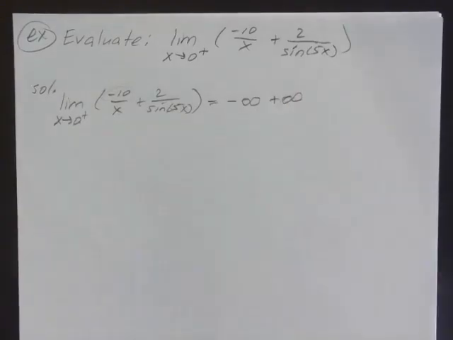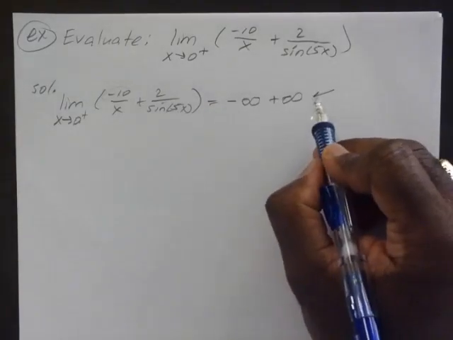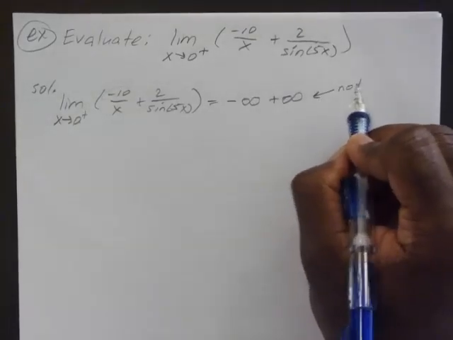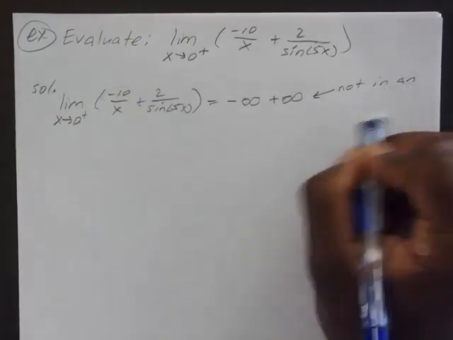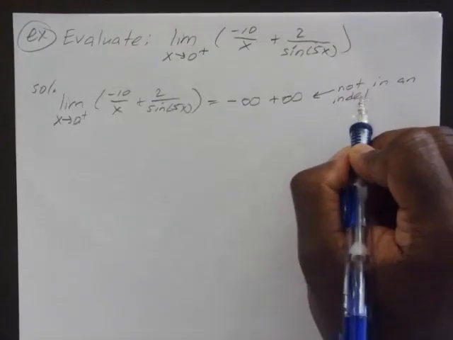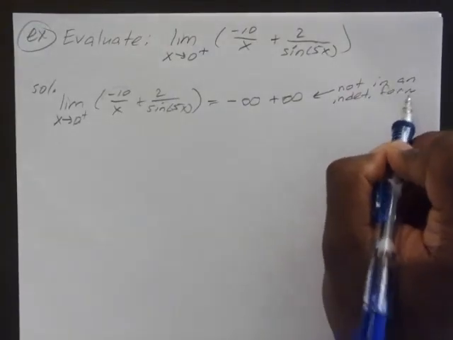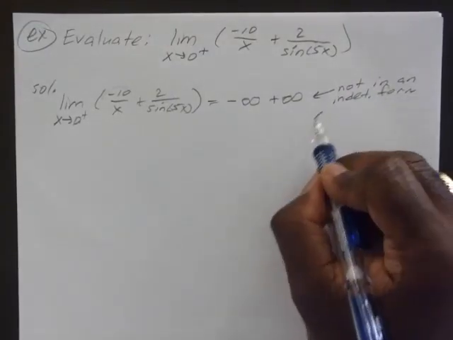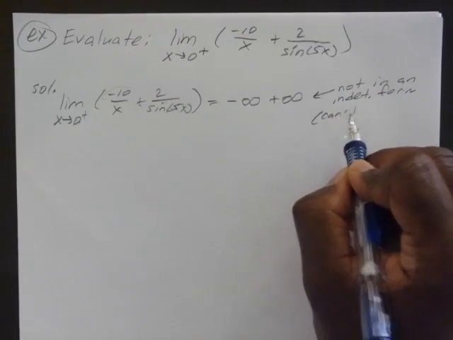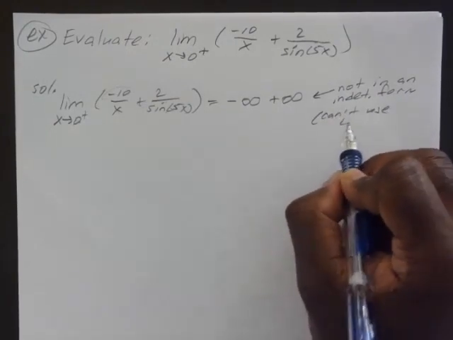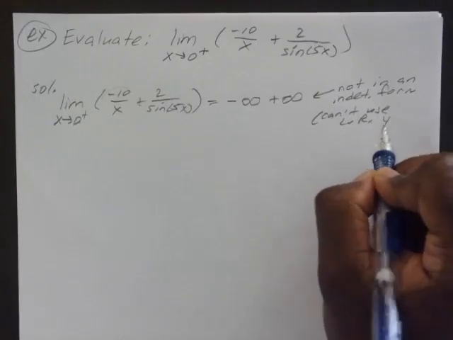So it's negative infinity plus infinity, or you can put it as infinity minus infinity, doesn't matter. But we do know that this limit is not in an indeterminate form, which means we can't use L'Hopital's rule yet.